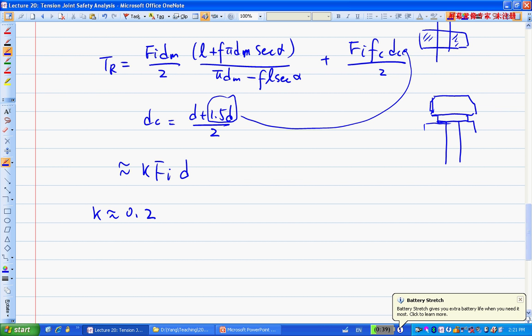If you don't know much of these other conditions or information, you can take K as 0.2. Otherwise, you can look at the table. You can also take a look at table A-15.